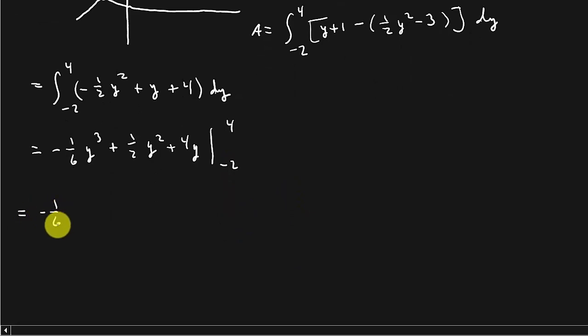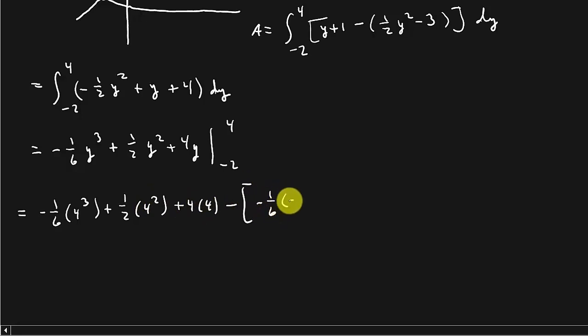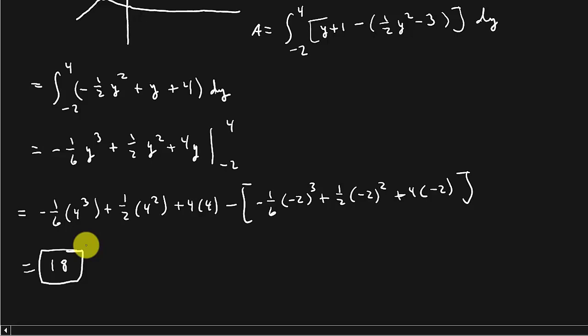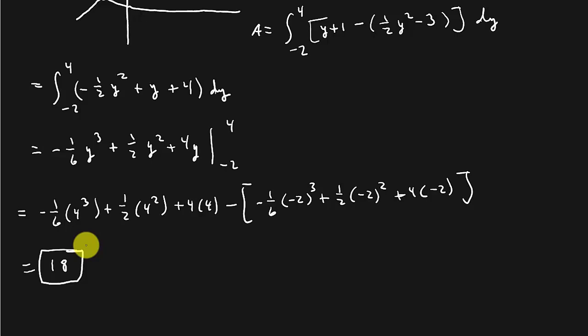So this is going to be -1/6 times 4 cubed, plus 1/2 times 4 squared, plus 4 times 4, minus, and now we plug the -2 in, -1/6 times -2 cubed, plus 1/2 times -2 squared, plus 4 times -2. You can put all that into your calculator if you want to, but you end up with 18 for an answer. And that is finding the area between curves.